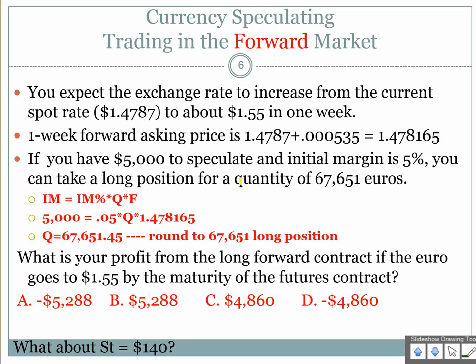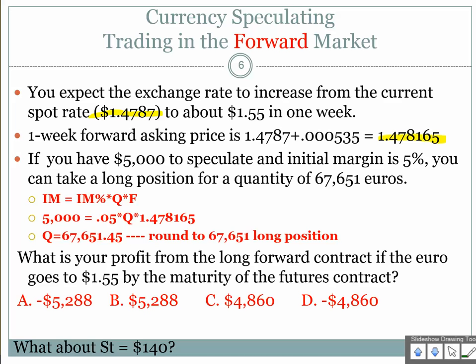All right, from the last screen, remember that the price of the euros is $1.4787 in spot markets, and the 1 week forward is $1.478165. Say you have $5,000 to spend, but this forward contract requires a 5% margin. So the question is, how many euros can I get a contract on?